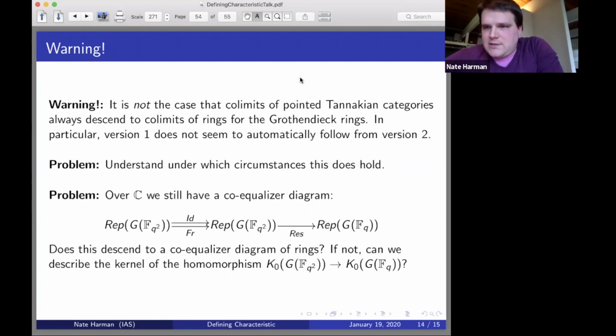And the fixed points are the F_q points. By the same kind of formalism, we get that this is a co-equalizer diagram in the category of pointed Tannakian categories. And I have no idea, does this descend to a co-equalizer of rings? And if not, can we describe what else is in the kernel?